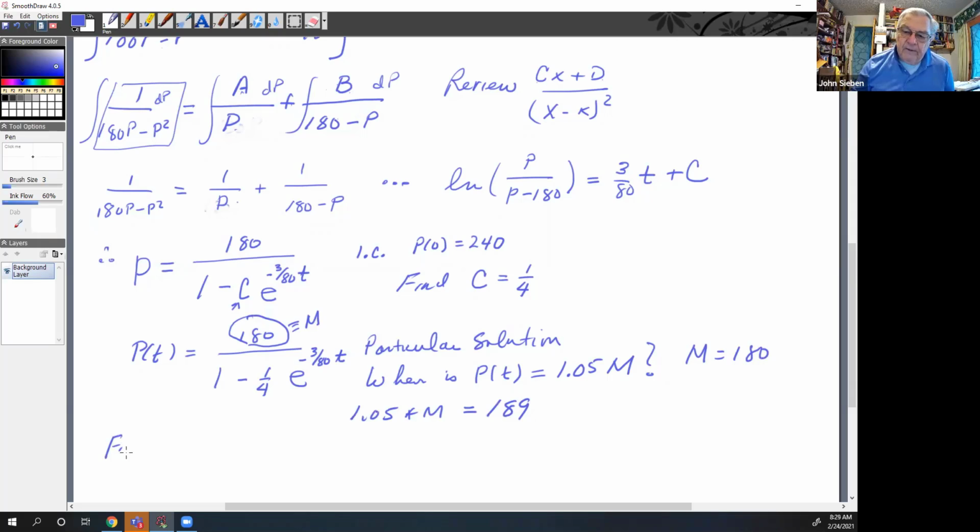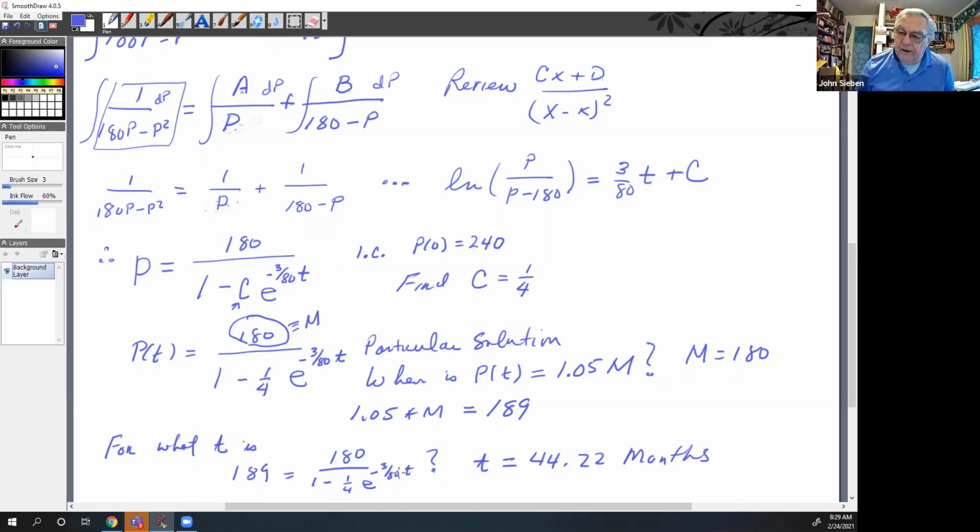So for what t is 189 equal to 180 over 1 minus 1/4 e to the negative 3 over 80 t, and it turns out t equals 44.22 months.